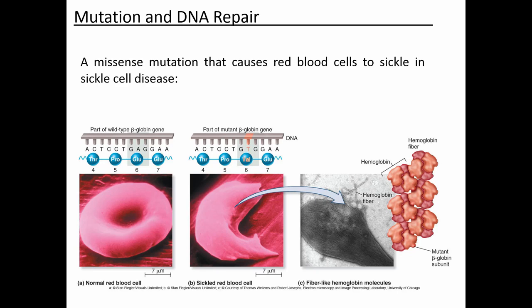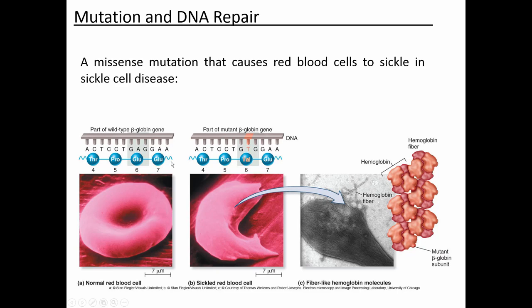The gene is the beta globin gene, which is a part of hemoglobin, which carries oxygen in your red blood cells. So again, even small mutations can have a drastic effect, but there are also examples where a mutation will have no effect on an organism.